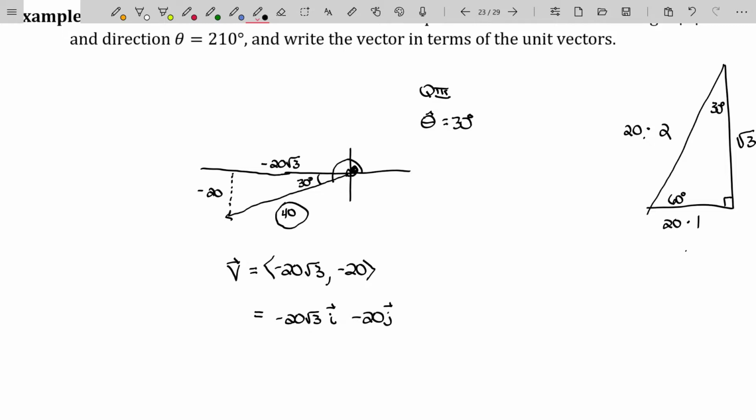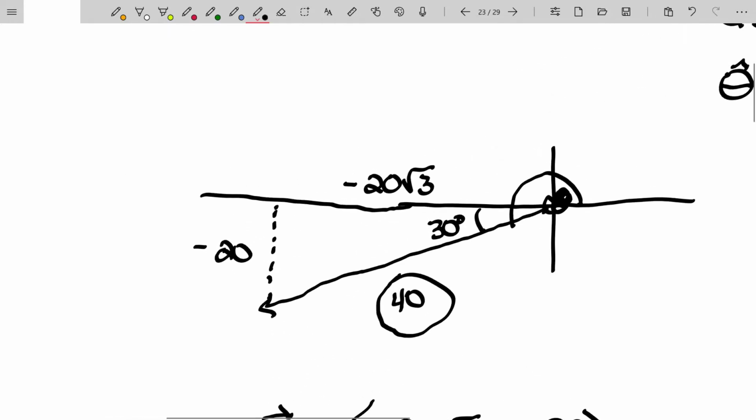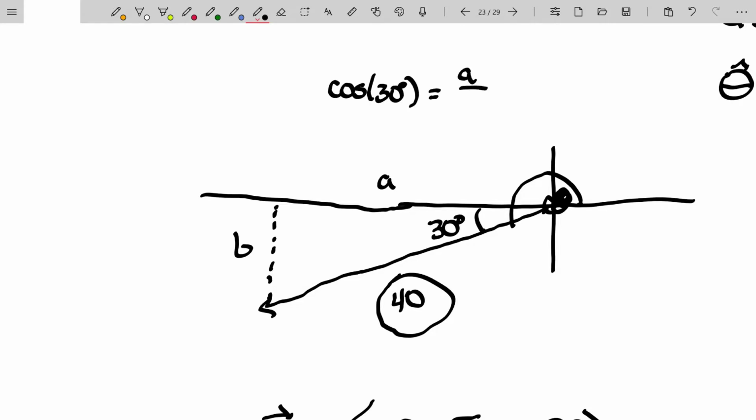You could also do this problem very, very easily just using sines and cosines. You could have said, well, I don't know what a and b are, but I know that, for example, cosine of 30 degrees would give me a over 40, or in other words, a must be 40 times the cosine of 30 degrees. That's actually not true in this case, because that would give you a positive value.